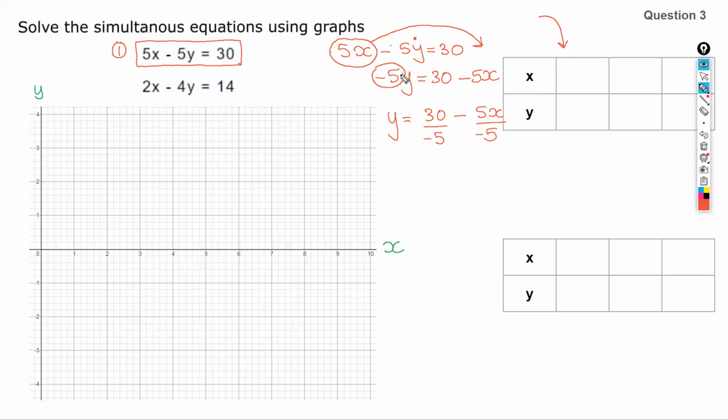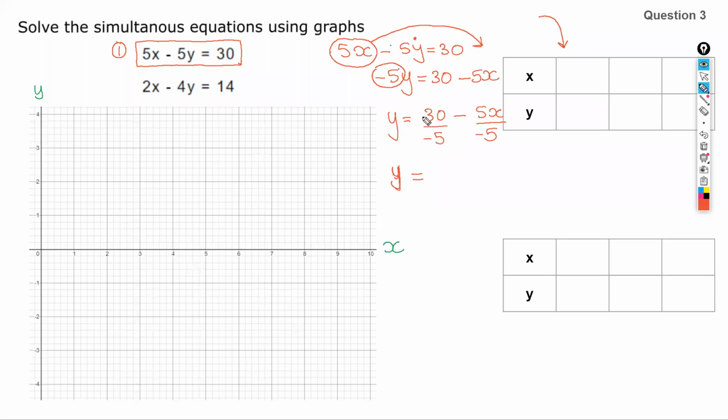Remember, when you throw across a multiply, you get a divide, but the sign does not change. So the -5 remains -5. Let's simplify this. 30 divided by -5. You have to really pay attention to your signs here. This 30 is positive, this 5 is negative.